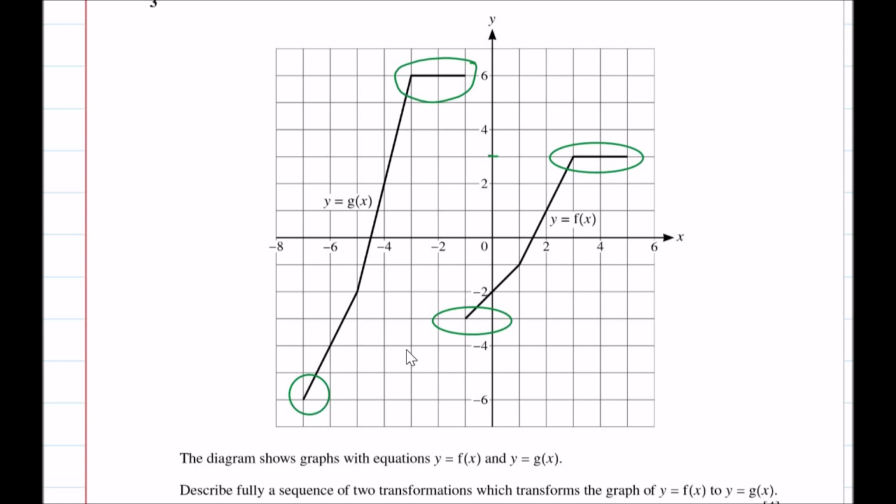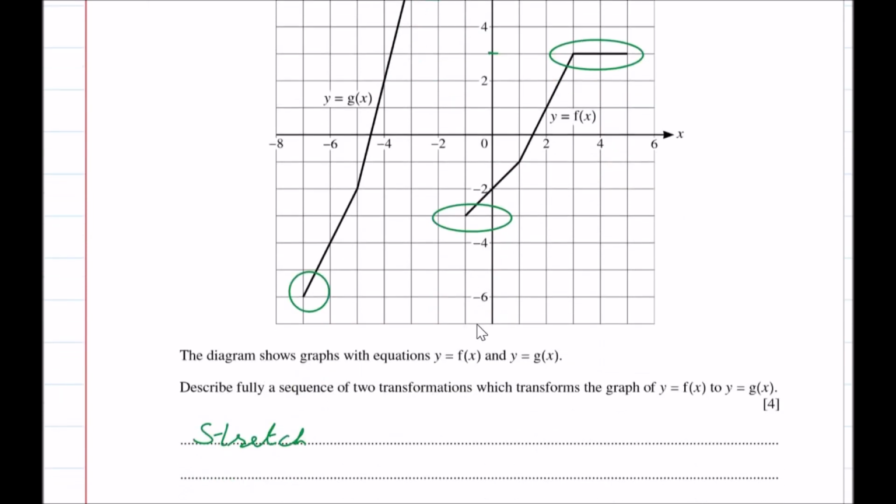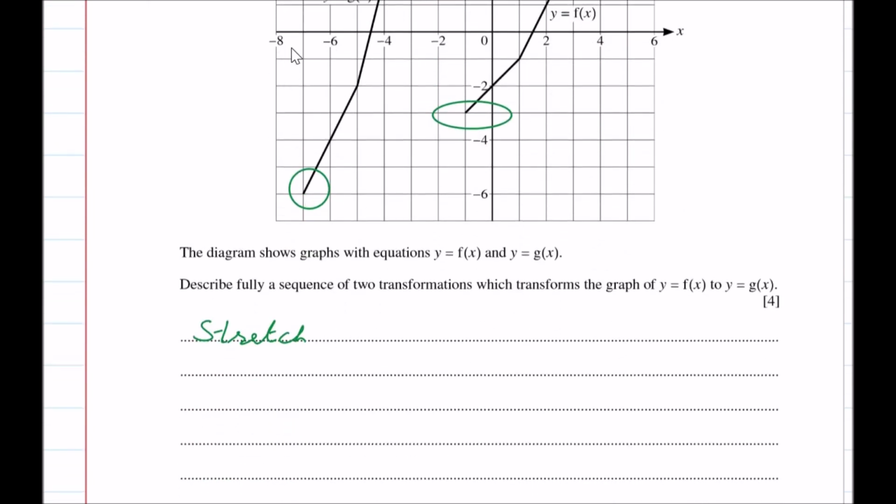That means it is doubled vertically. So stretch factor 2. And in which direction? That also we need to specify: in the y direction, because it is a vertical stretch.